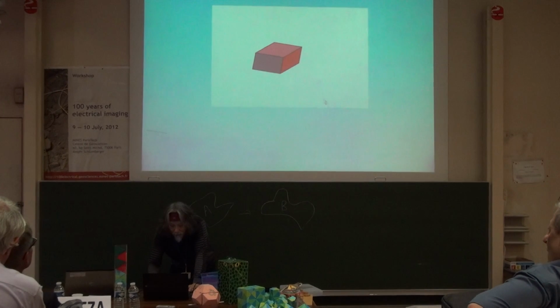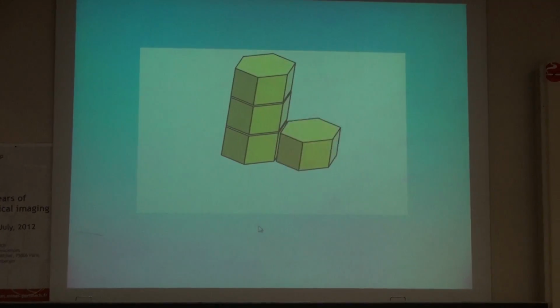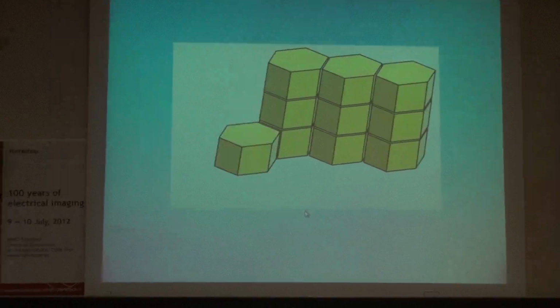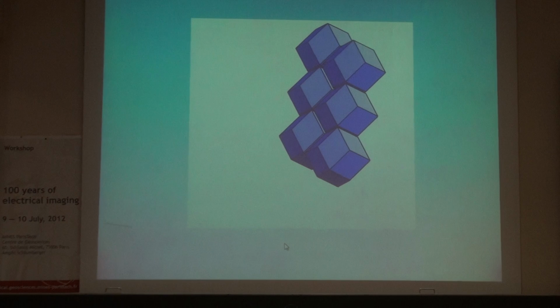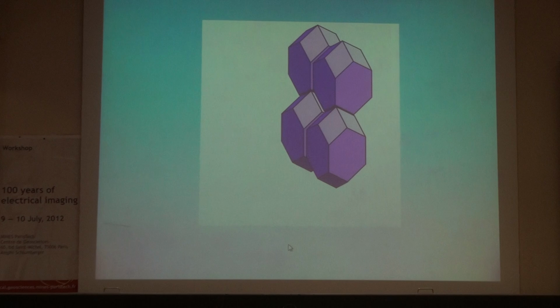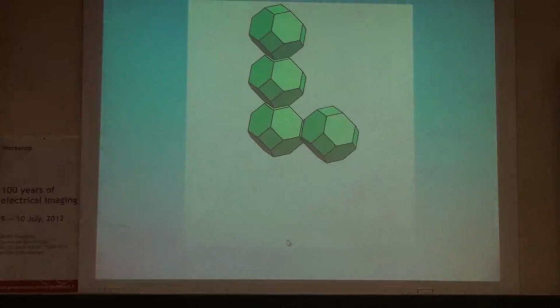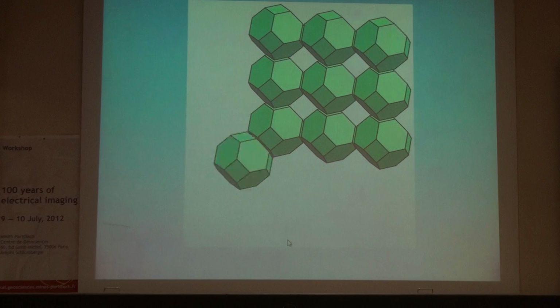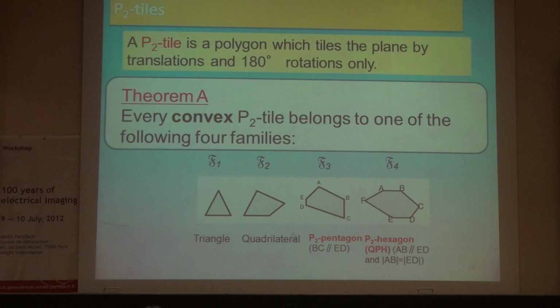Okay, this one tiles a space, and the hexagonal cylinder also tiles the space, and the rhombic dodecahedron tiles a space, the elongated rhombic dodecahedron tiles, and the final one is the truncated octahedron. Okay, you see. So there are only 5.